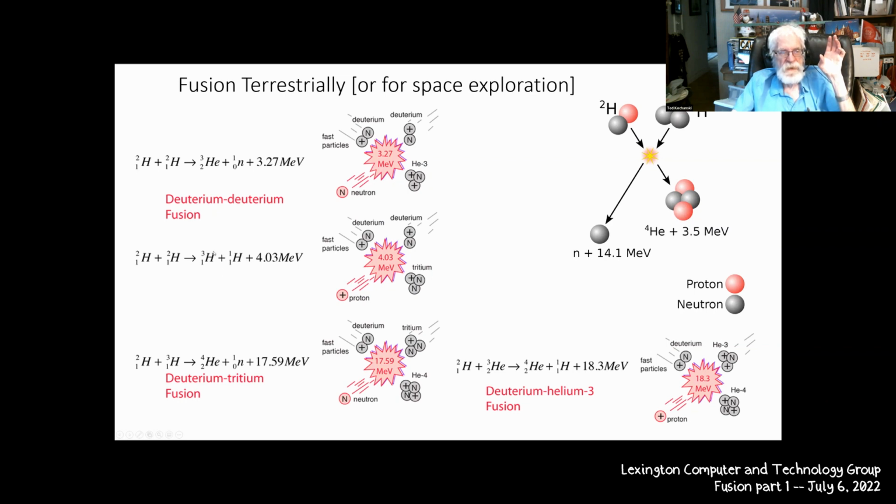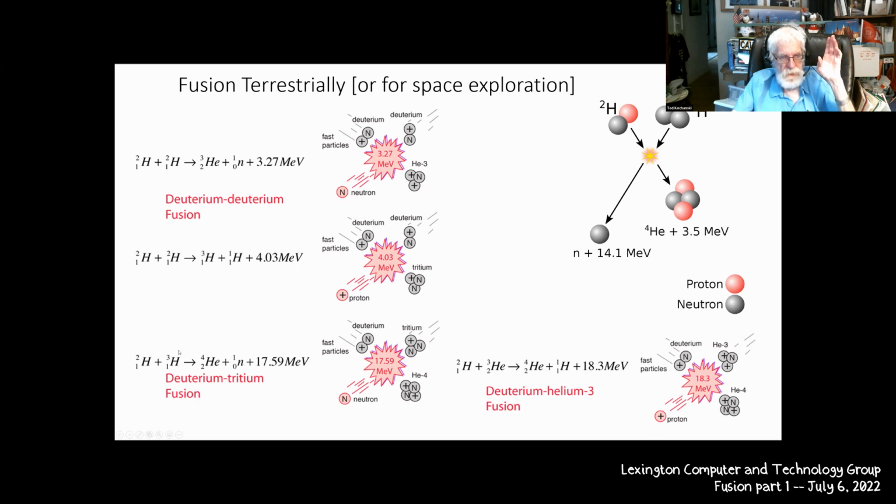It makes, instead of a neutron, it makes a proton. And there are neutrinos involved in these things, but in any event, roughly the same amount of energy. The one that everybody has really chosen for the current period of time, in any event, is deuterium-tritium.